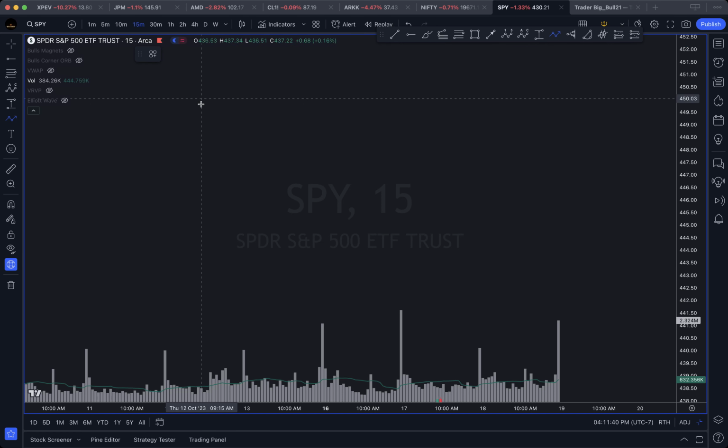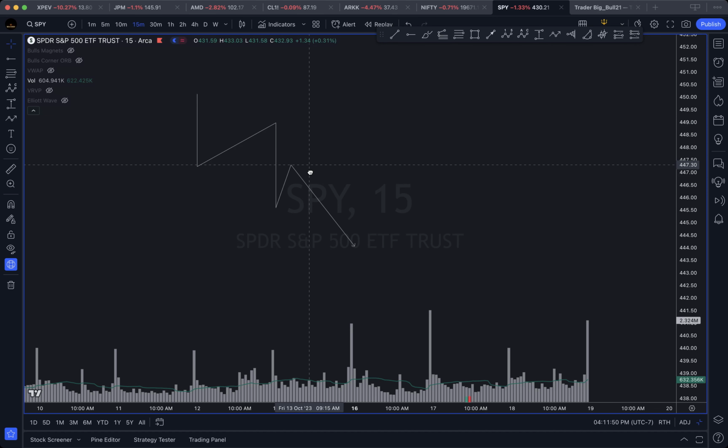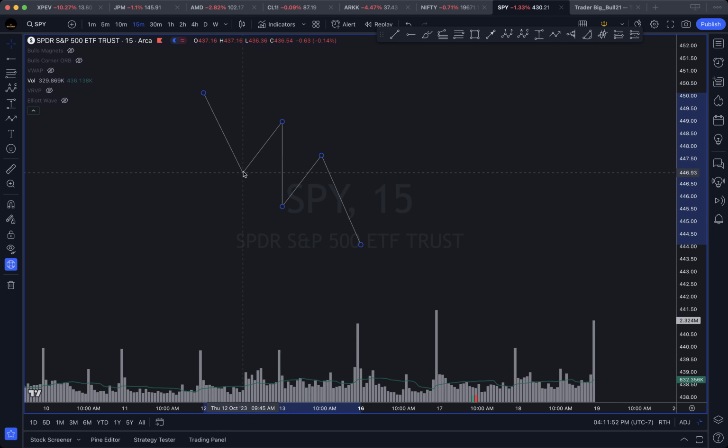Really good question here on this one: price is going down, made new highs, made new lows. So price generally moves like this if it's in a downtrend. This is where you initially shorted the price.